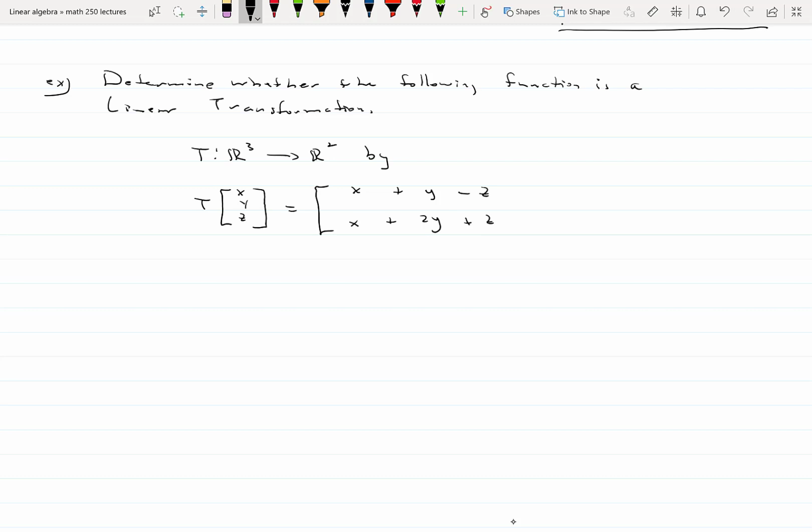So it takes something in 3 space, if you've had Calc 3, we use the term 3 space for R3, and turns it into something in 2 space, something in the XY plane.